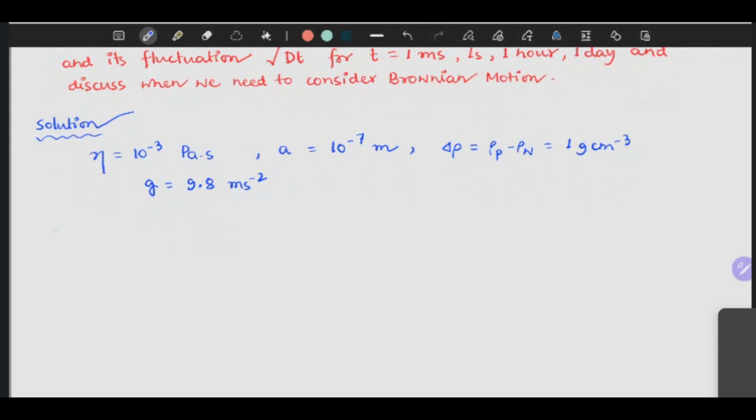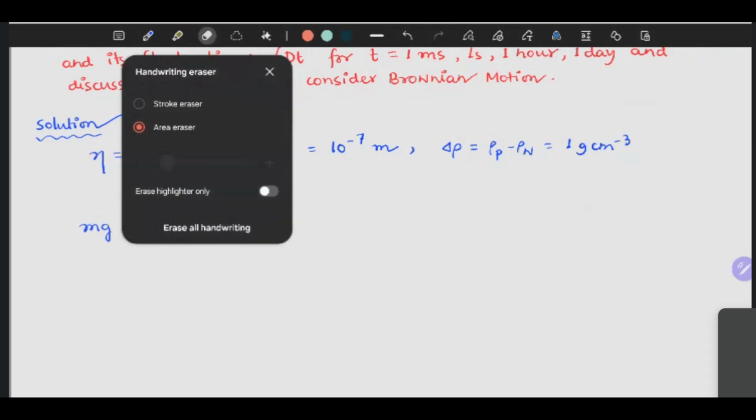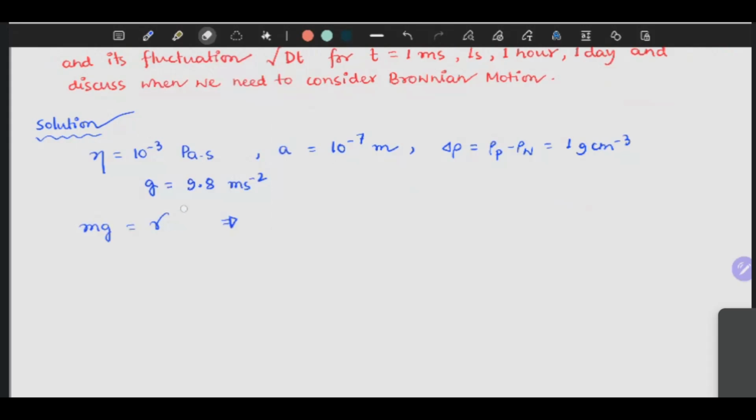If that is the case, then mg will balance gamma v, and this v is the sedimentation velocity.